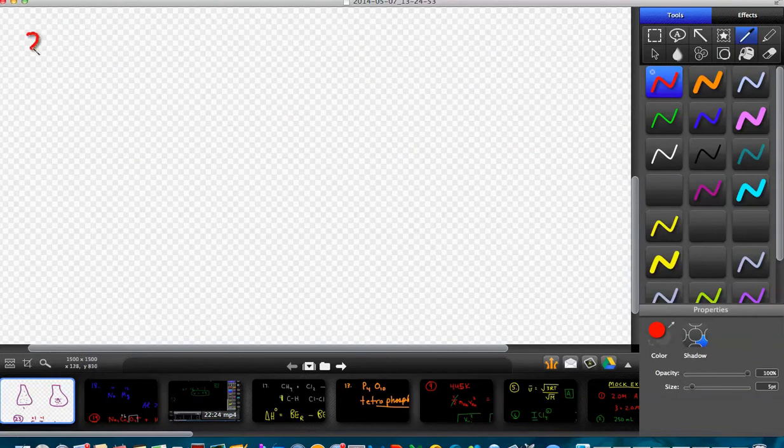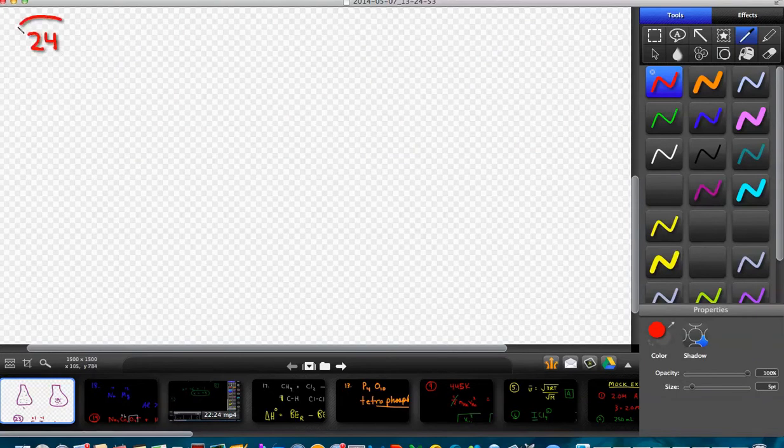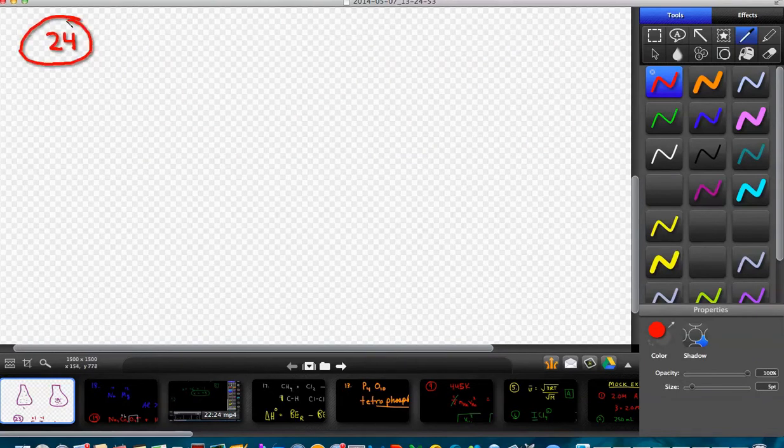Number 24. Which of the following wavelengths of light is the greatest in energy? Remember that delta E is equal to hc over lambda. So the greatest energy is associated with the shortest wavelength.